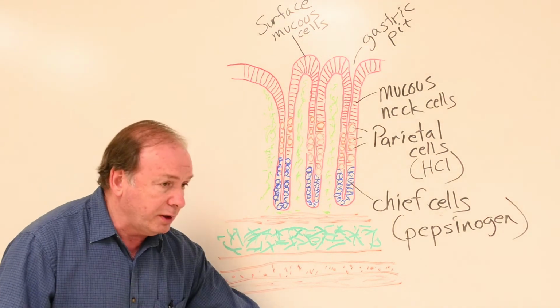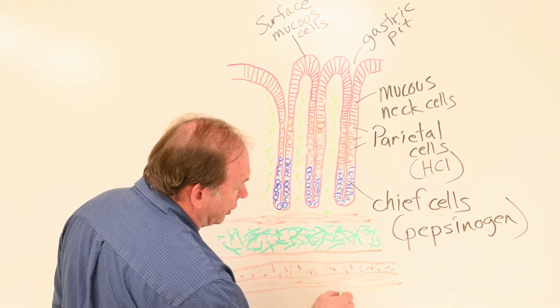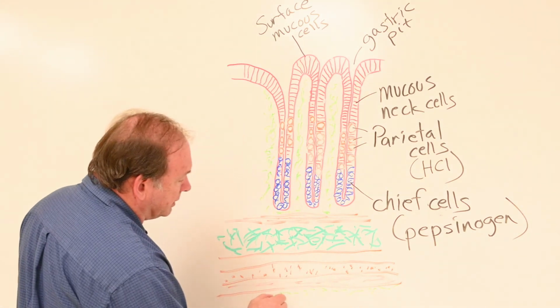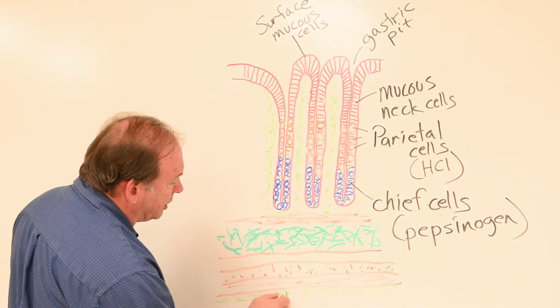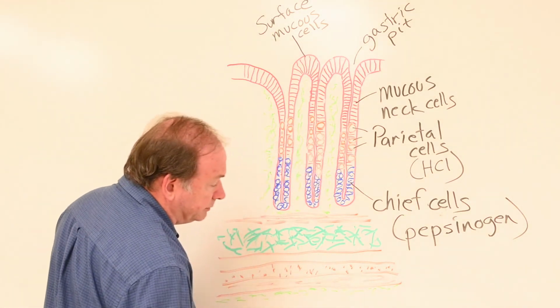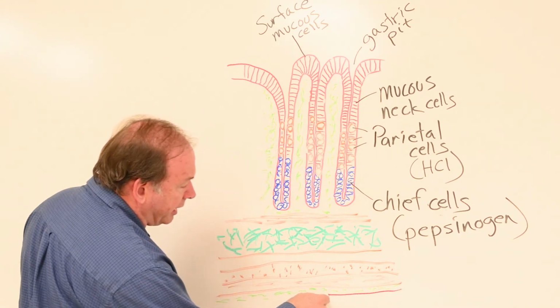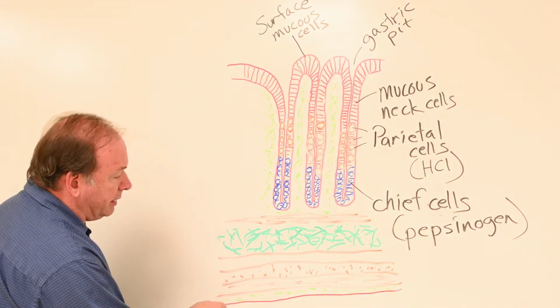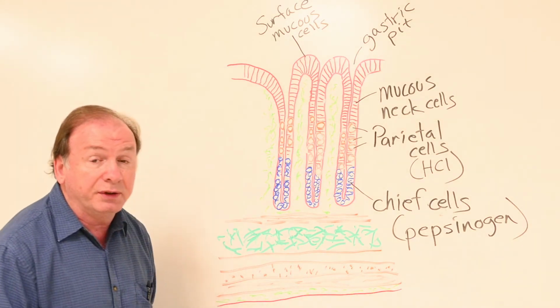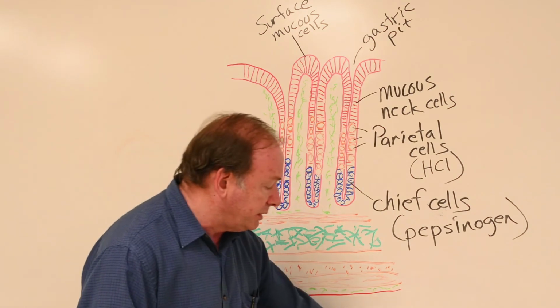Our final layer on the outside does have a loose connective tissue along here, similar to the esophagus, but we're going to add on the very outside of the stomach, what we didn't see in the esophagus, a single layer of epithelial cells, simple squamous cells. This is the mesothelium, the mesothelial layer on the very outside.